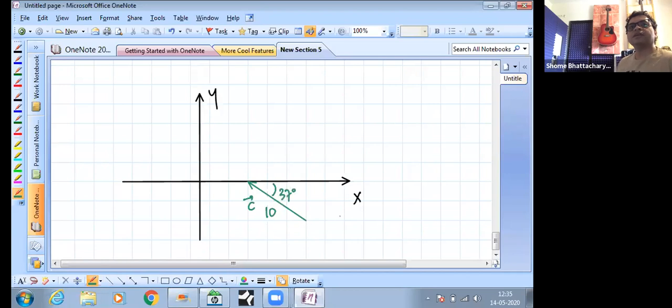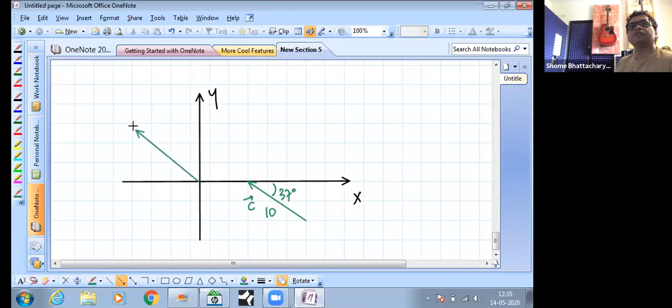Now to understand what kind of angle it is making with respect to the x-axis, you have to pick up this vector and place it over here. You have to reposition it with respect to your origin so that you can understand what angle it is making with the x-axis.